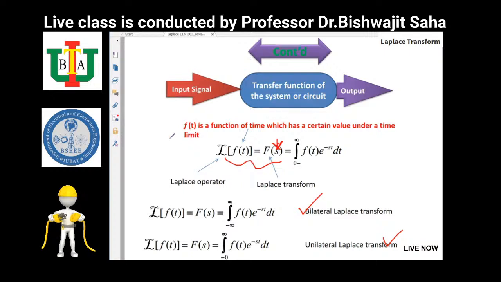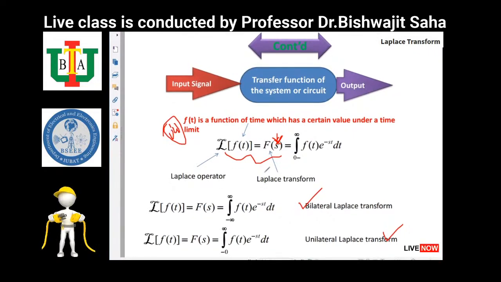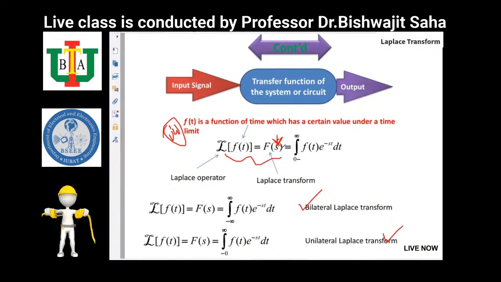That is the Fourier transform indicator. But in Laplace domain, whenever you see F of s, that means this is a Laplace domain equation or formula. That formula is integral from 0 minus to infinity of f of t e to the power minus st dt. So here the difference is e to the power minus st.